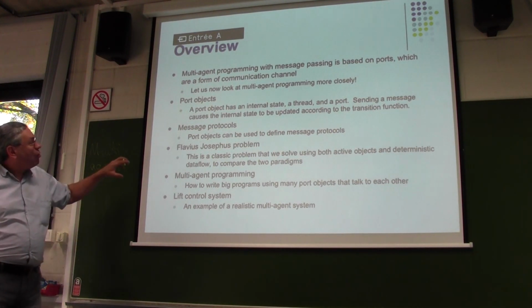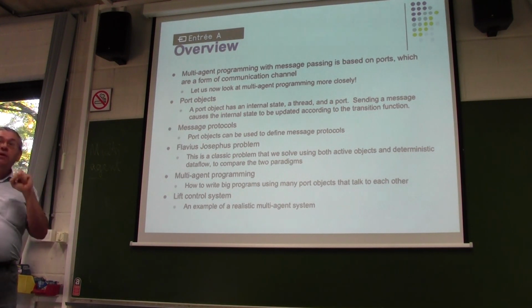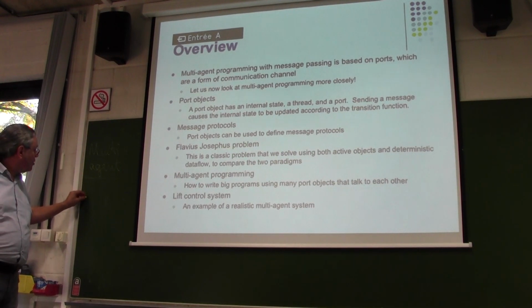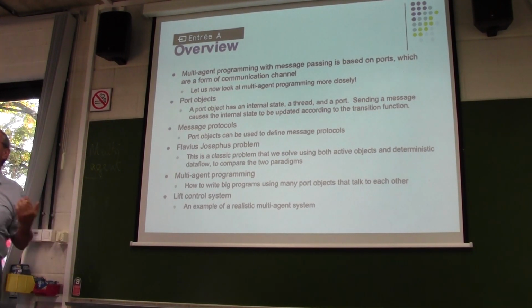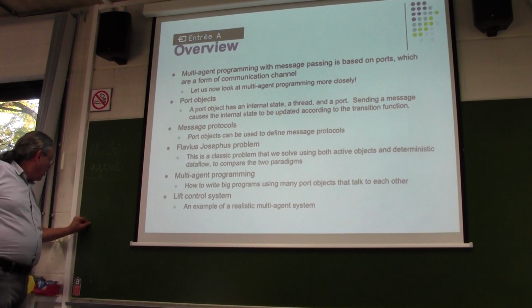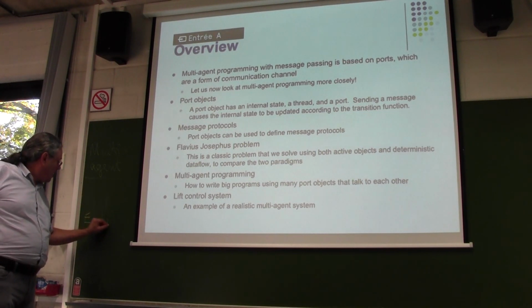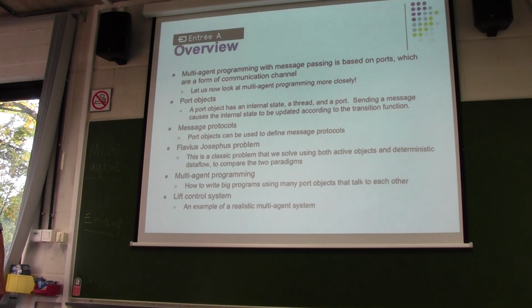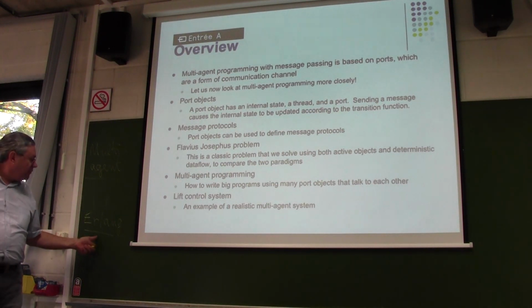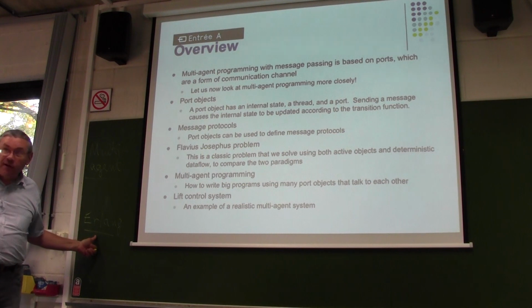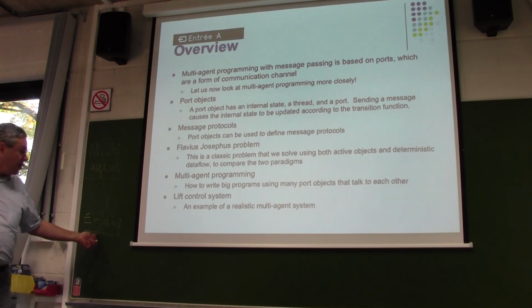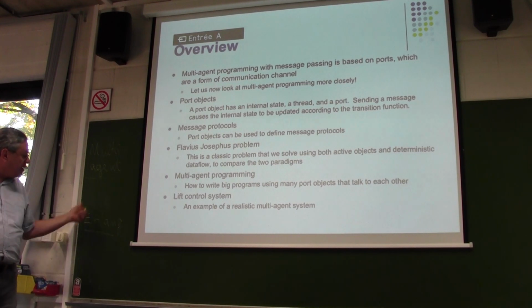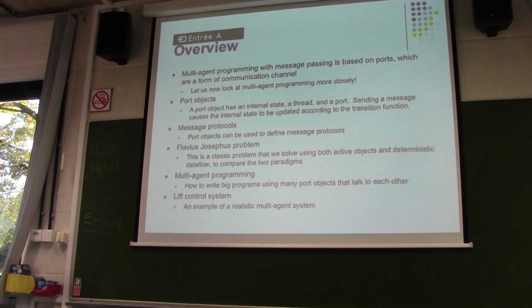I want to show you how to do really good multi-agent programming, and then I'm going to show you a real-world system called Erlang, which does multi-agent programming in a very powerful and nice way. So this is kind of under the radar compared to systems like Java, but this is used by many, many, many companies. So I'll give you some examples of this.